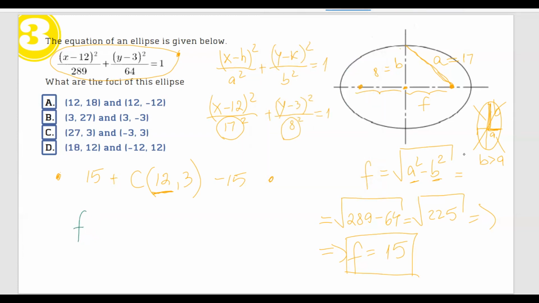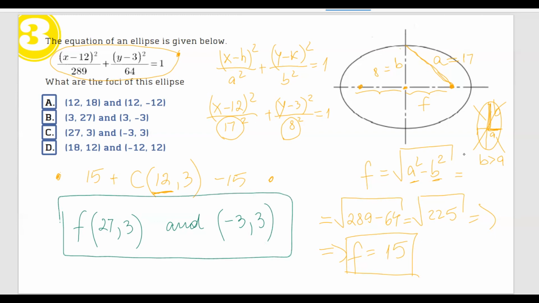So the focal coordinates are going to be 12 plus 15, I get 27, 3, and 12 minus 15, I get minus 3, 3. And these are the coordinates of the focal points of this ellipse. So 27, 3, and minus 3, 3. It's C. The correct answer is C.